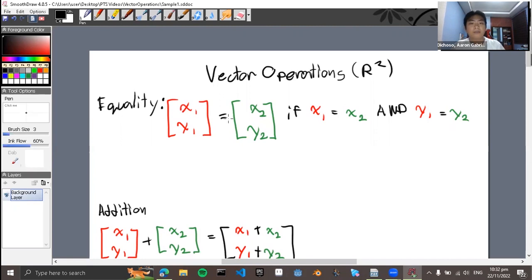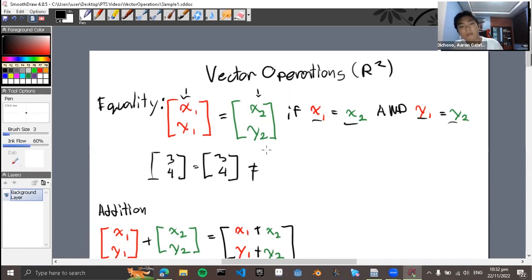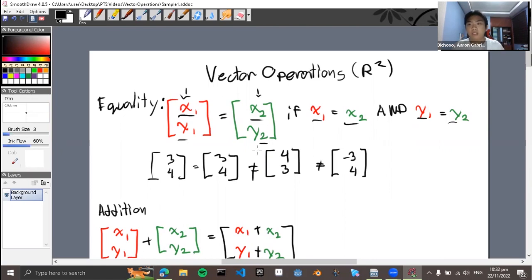Equality is defined if x1 equals x2, then y1 equals y2 for these two vectors. Simple, right? So for example, if you have 3, 4, then it would also be equal to 3, 4. It's not equal to, let's say, 4, 3. That's different. It's also not equal to 3, negative 3, 4. They're all very different vectors. As long as the corresponding elements are the same, that is an equal vector. They are both equal vectors.